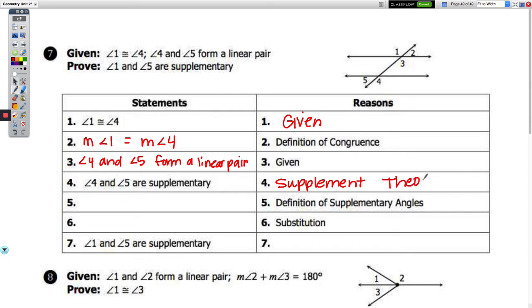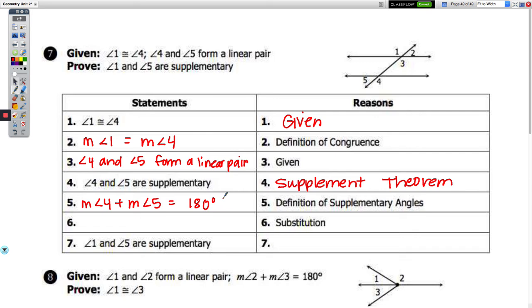The definition is going to reference 180 degrees, isn't it? So the definition of supplementary angles is going to tell us that the measure of angle 4 plus the measure of angle 5 equals 180 degrees.